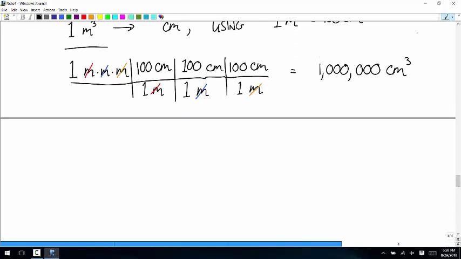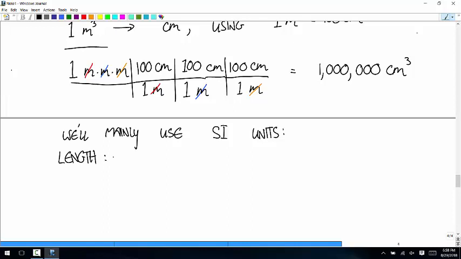Okay, in this class, we'll mainly use SI units. And the SI units, the unit of length is meters.